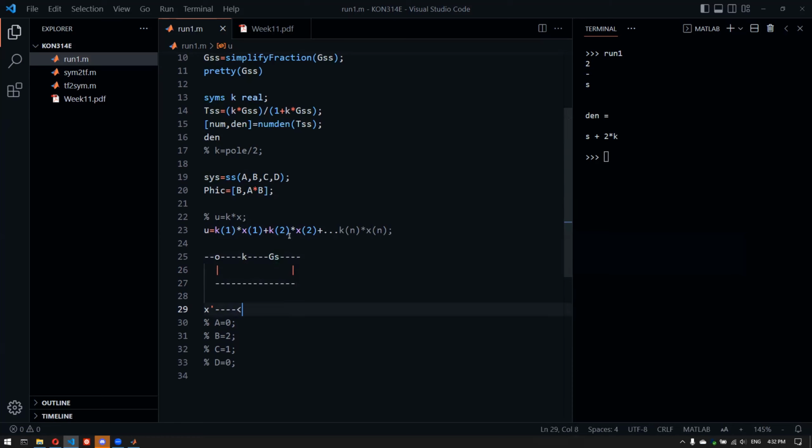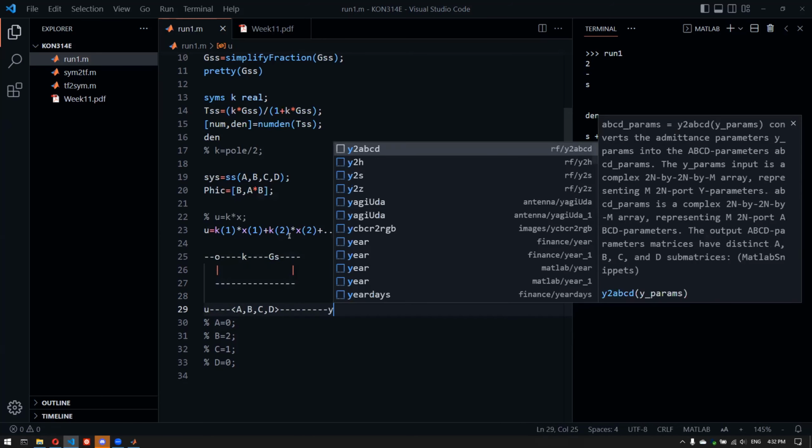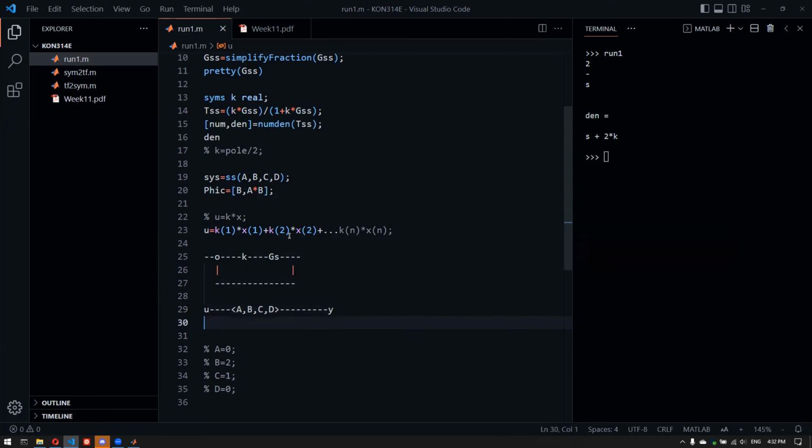Let me call it the state space or ABCD model. So this is the input, this is the output here. What we're trying to do now is we need a certain x, which we don't have at the moment. Let me just show it like this. So this is kind of an x here, and we have multiple of them.